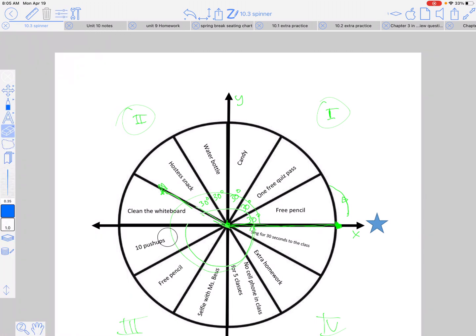So she would have a 360 degree angle if she started on the initial side and went all the way around. Initial side and terminal side are on the same spot, 360 degrees, okay?